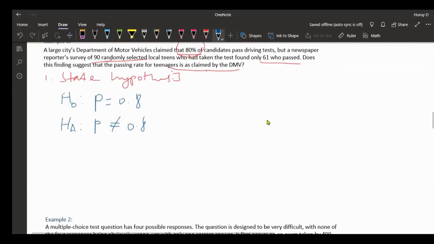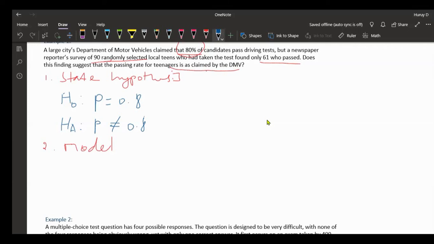And then the next step is my model, and I have to check the conditions. So here it says 90 randomly selected, which means the independence and the randomness is guaranteed because they pick the sample randomly.